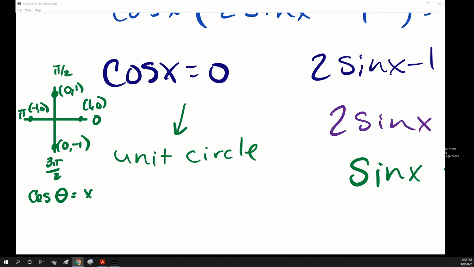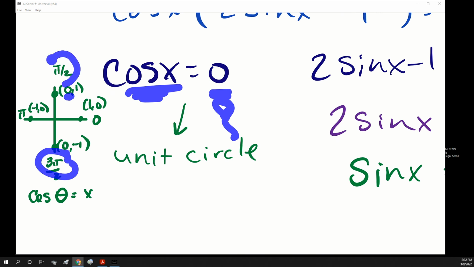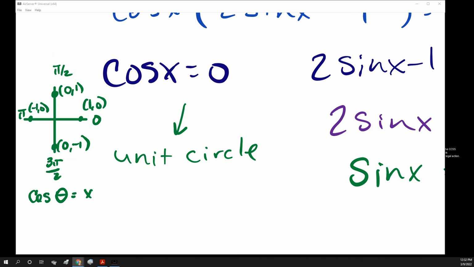The x-coordinate. So we want the x-coordinate to be 0. And so that happens here and there. So we get 2 angles from the unit circle.